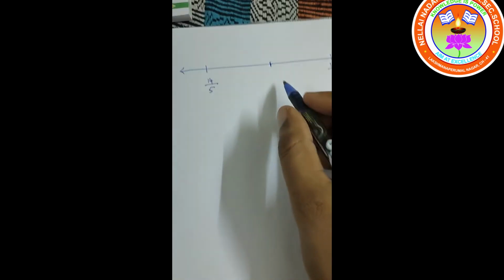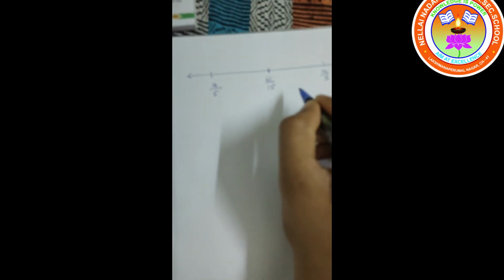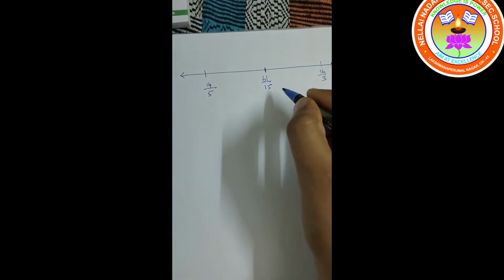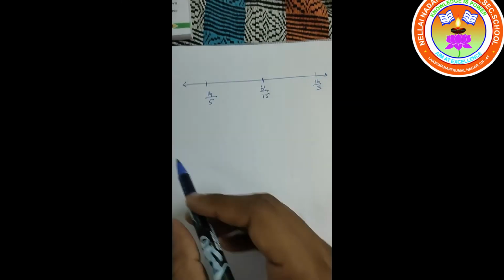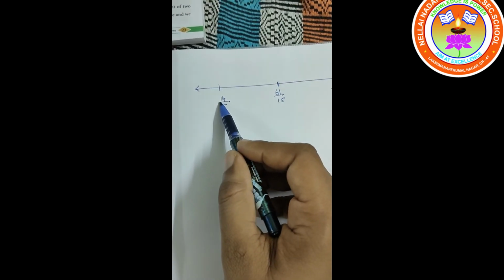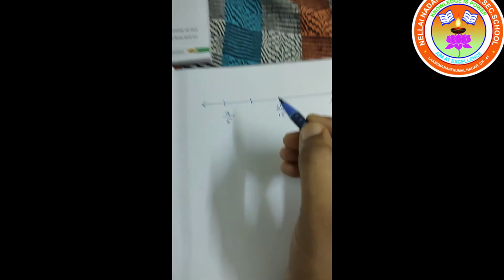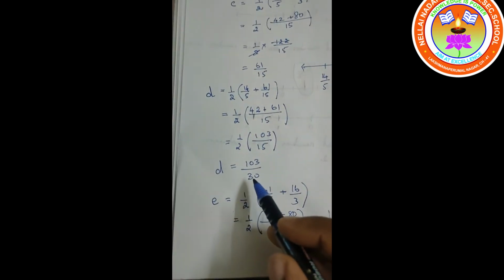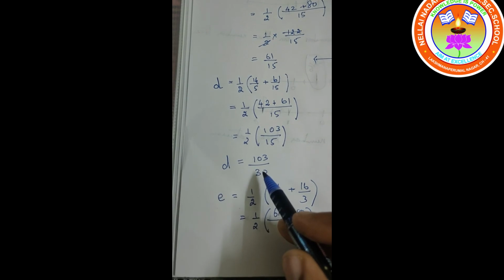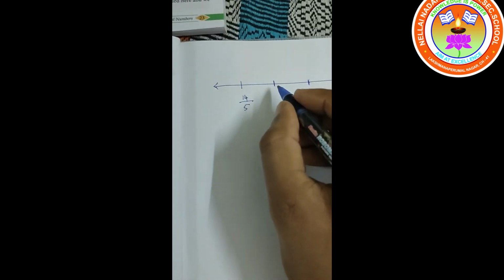You write it here, 61 by 15. The next step we found the exactly middle number between 14 by 5 and 61 by 15. Call this D, that is nothing but 103 by 30. You write 103 by 30 here.